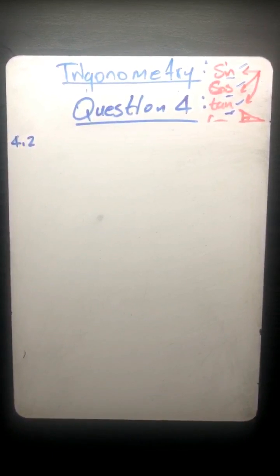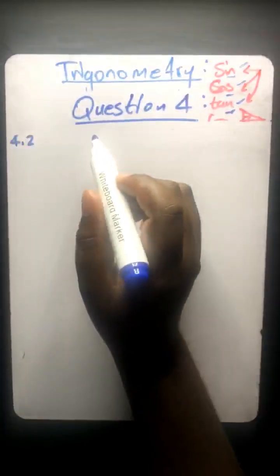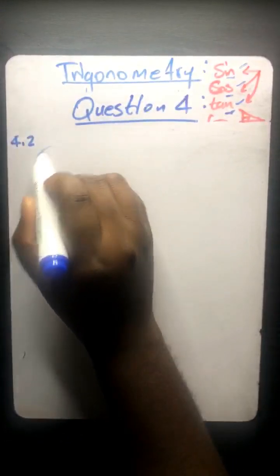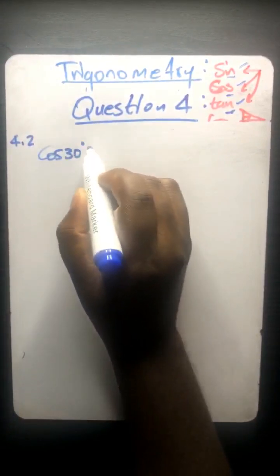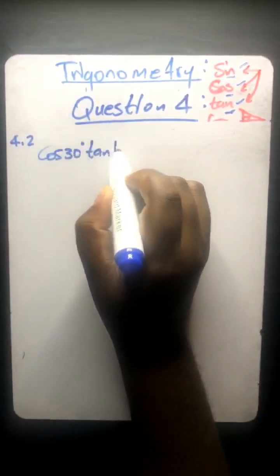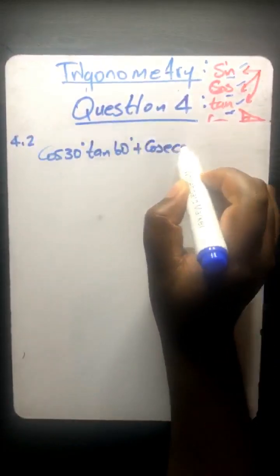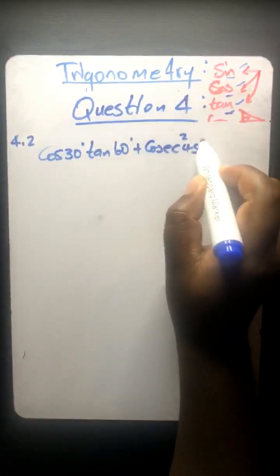possibly you are doing this chapter for the very first time, but maybe very quickly, let's have a look at this. Simplify the following expression without using a calculator. And this is cos 30 degrees multiplying tan 60 degrees plus cosec squared 45 degrees.